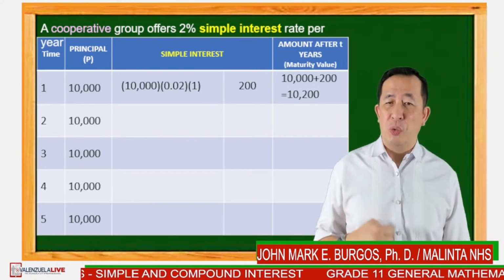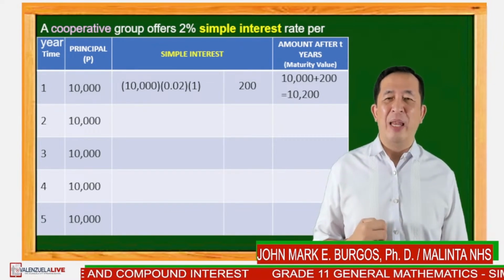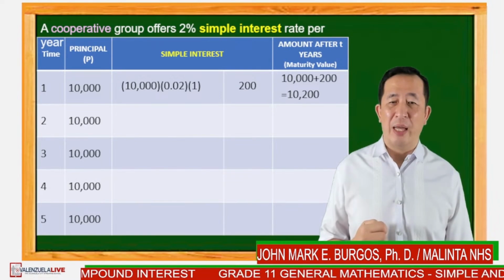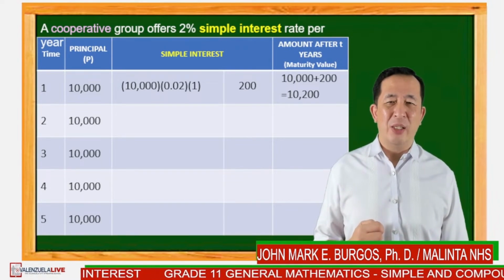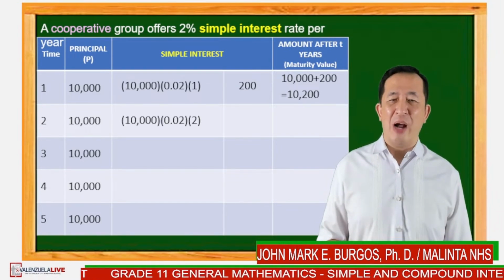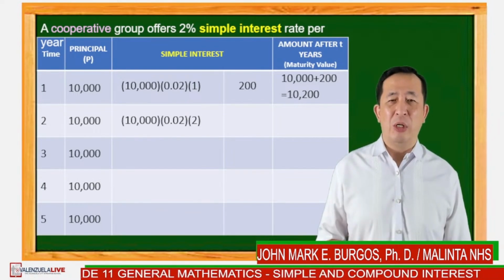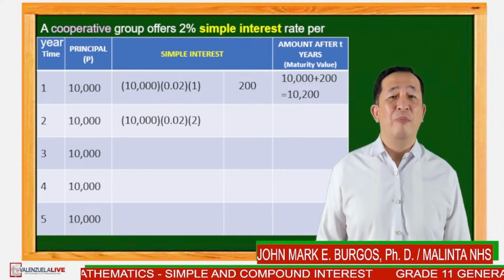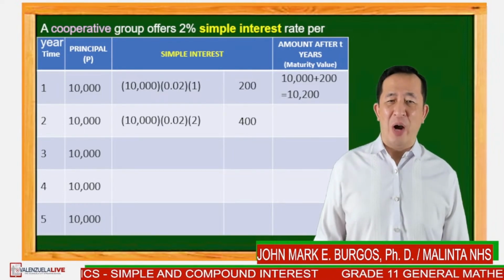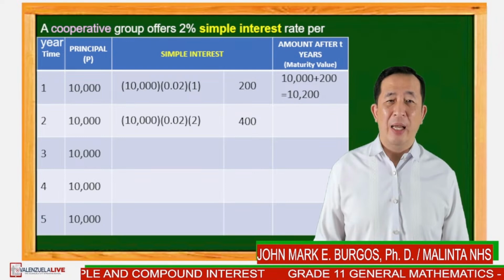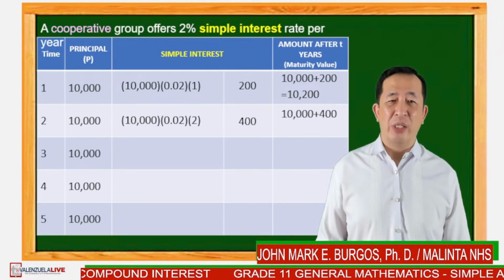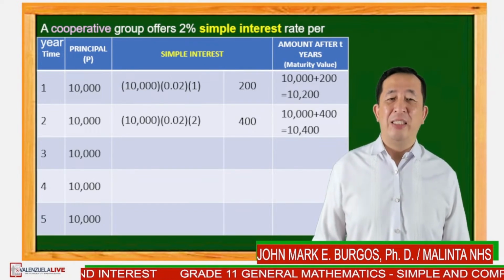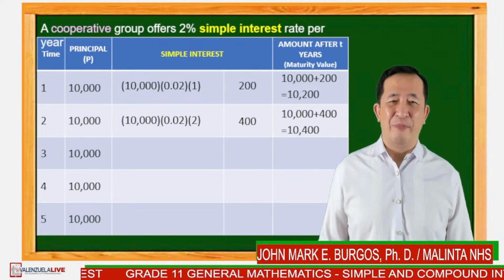On year 2, again, the principal amount is 10,000. For computing the simple interest, it will be 10,000 times 0.02 times 2, and the simple interest will be 400. Adding 400 to the principal, it will be 10,000 plus 400 is equal to 10,400 pesos.